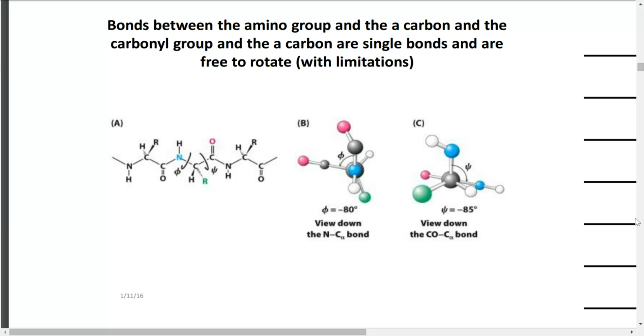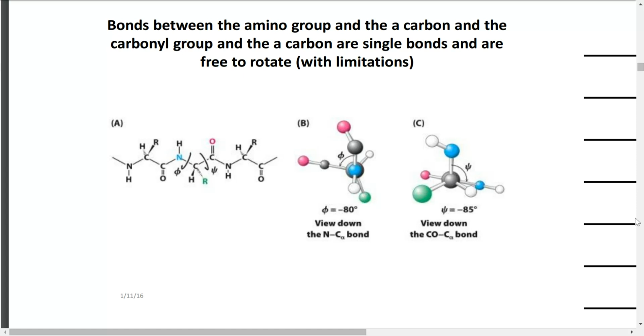Okay? And we can look down from a couple of different orientations. To see that, we can define two different angles, around this bond and around this bond. And we can define these angles as phi and psi.